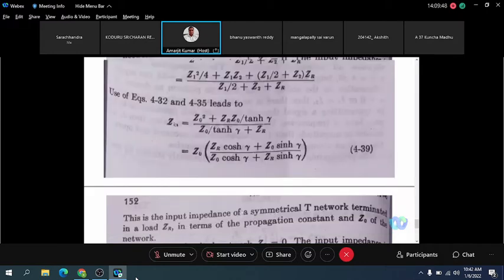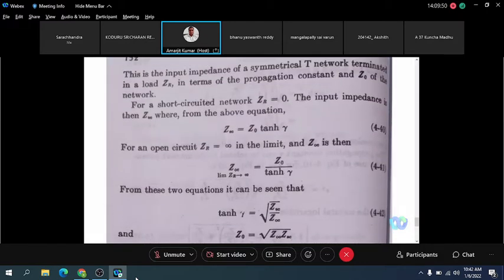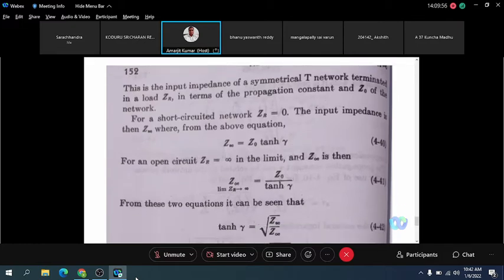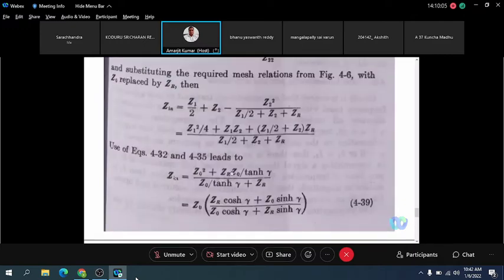Now suppose the terminal is open circuited. So Z0 tan hyperbolic gamma, that is correct. Now for the open circuit, suppose the terminal is open circuit. In that case ZR tends to infinity. So put here the limit ZR tends to infinity. You solve this function.